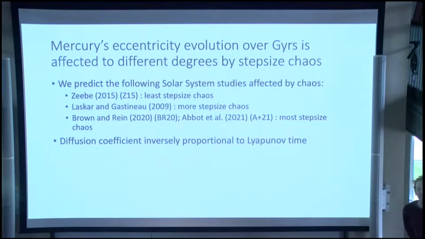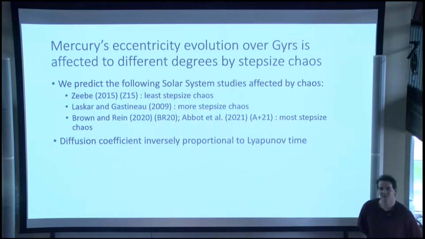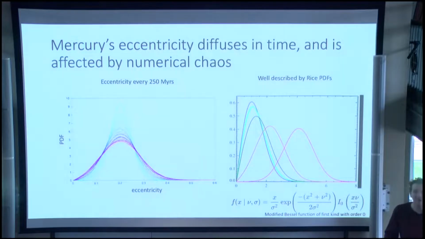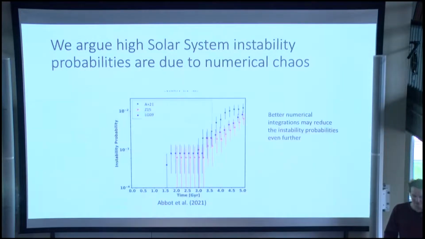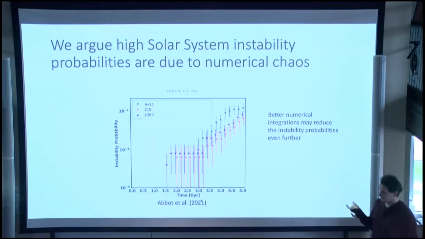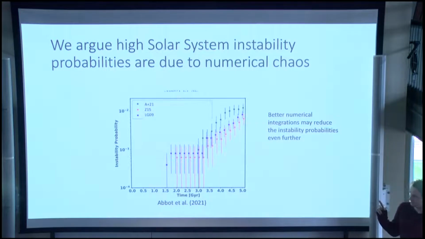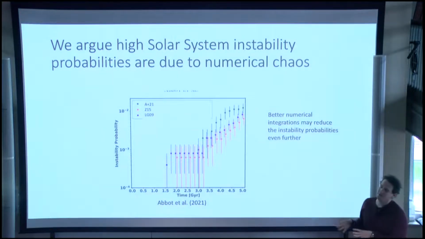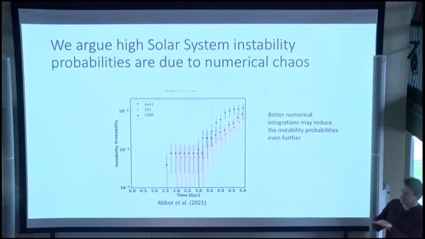And then when you show the probability of instability, you're just saying what fraction of those cases. That's right. If you're getting 10 to the minus 3 probabilities, you must be running many thousands of tests. Right. And they're clever. The point of Abbott et al. was to create a mathematical trick to get these instability probabilities without having to run so many.